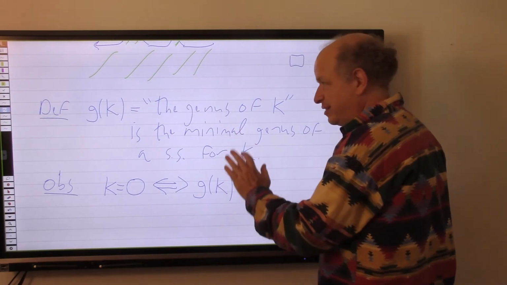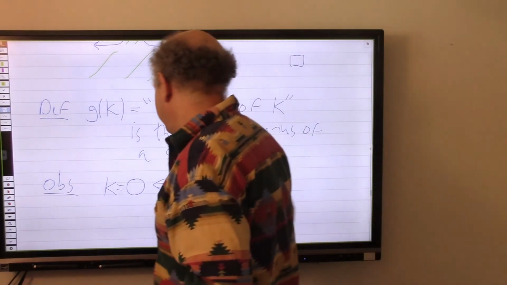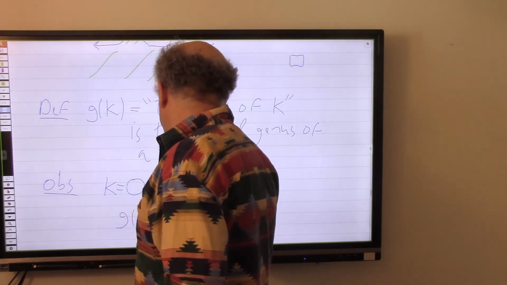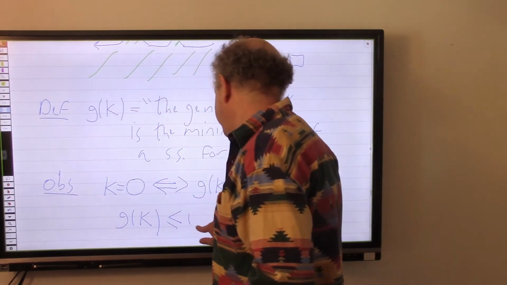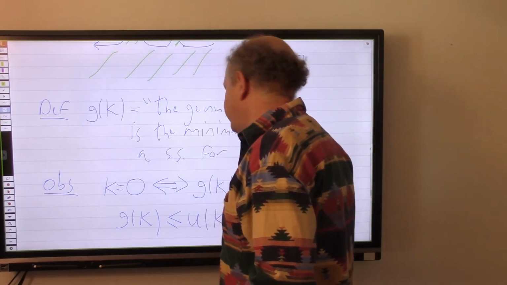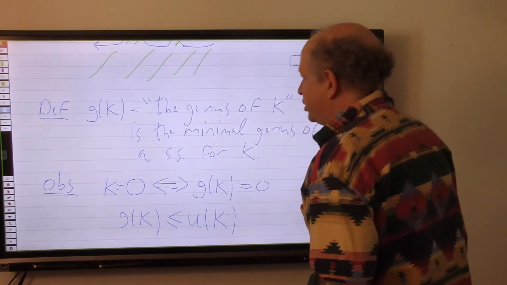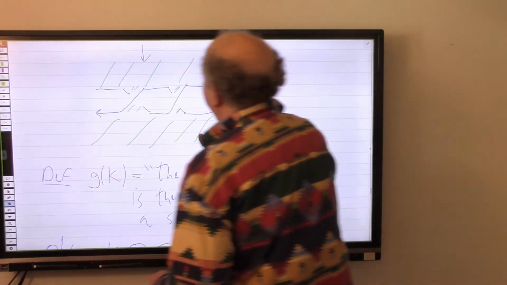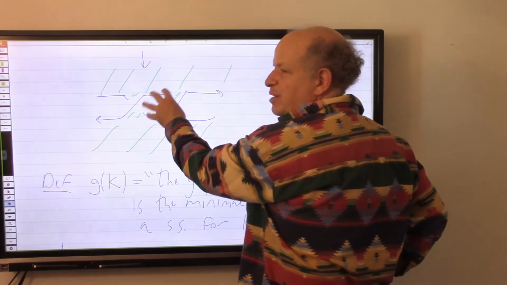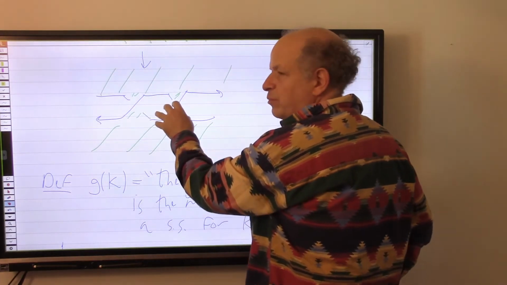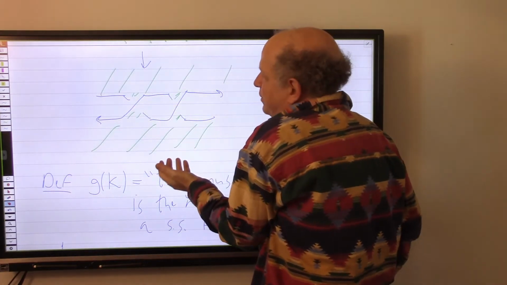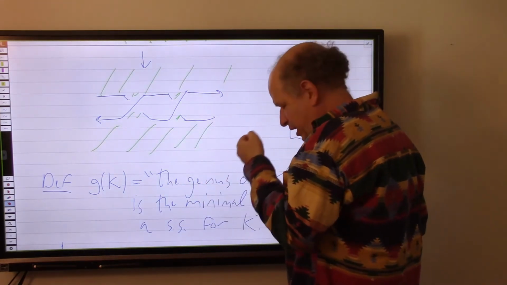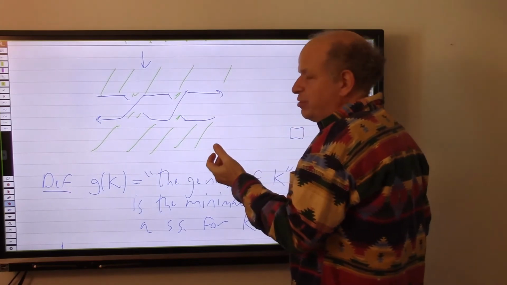So that's obvious. And the second comment is that the genus of a knot is always less than or equal to the unknotting number of the knot. Because you can check that the construction I made here, actually, what does this construction do to the Euler characteristic?